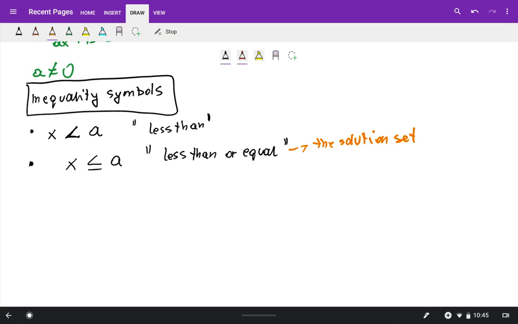Here it includes the real numbers less than a, including a.